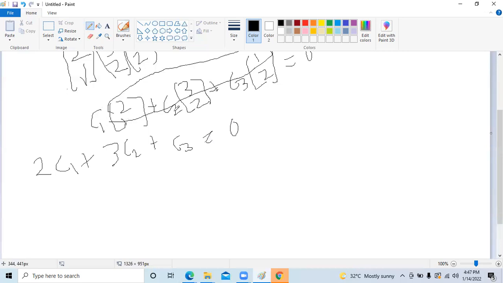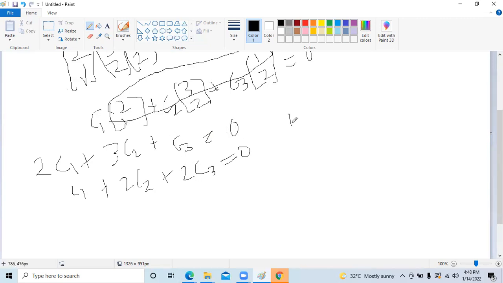Now I'm solving for the y hyperplane. This is 1C1. So this is C1 plus 2C2 plus 2C3 equals to 0. Now, one way to solve for this is to make C3 redundant, right?